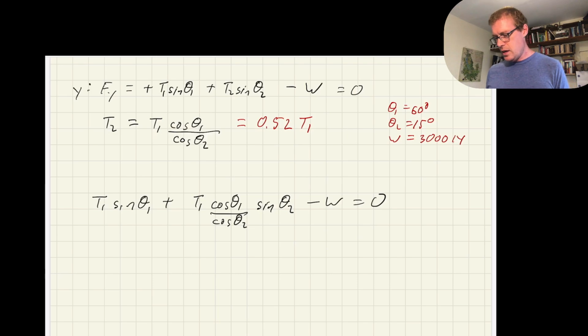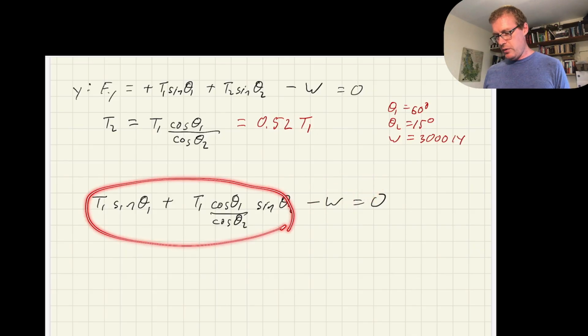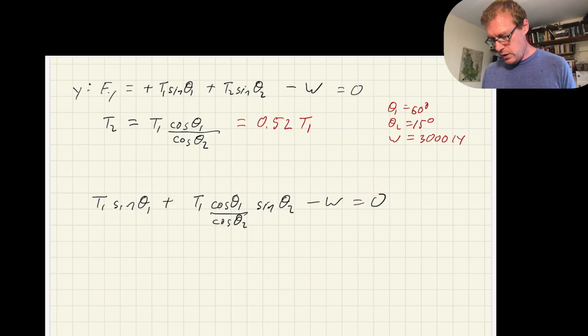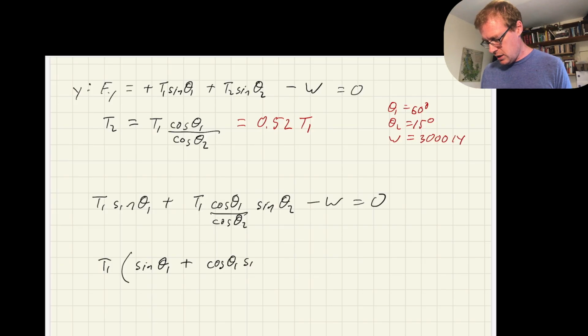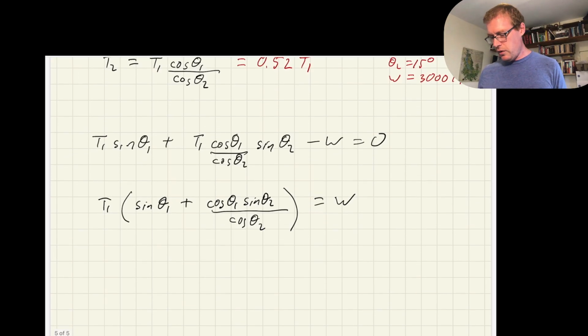Okay. And so I want to bring the W over to that side of the equation. And I want to factor T1 out of this piece. So I end up with T1 times sine theta 1 plus cos theta 1 sine theta 2 over cos theta 2 equals W. We're solving for T1.